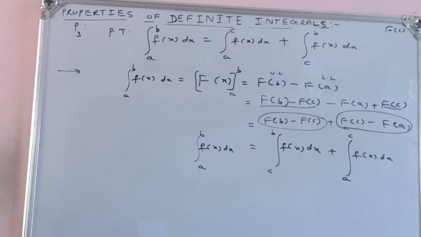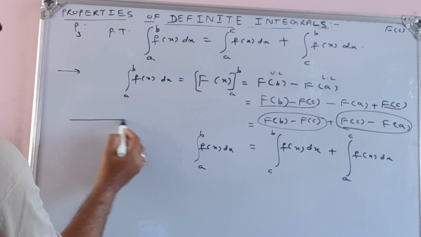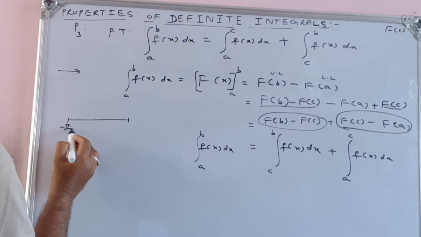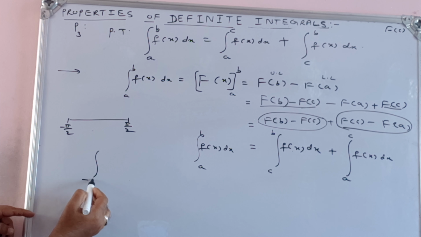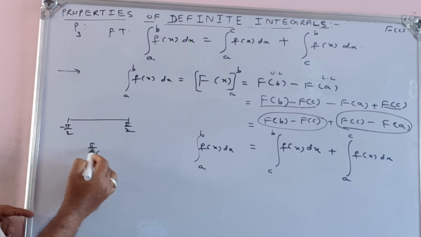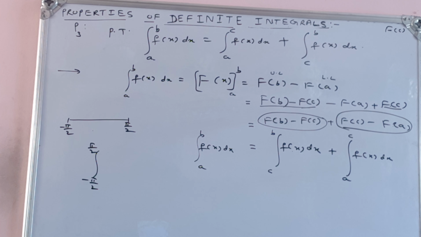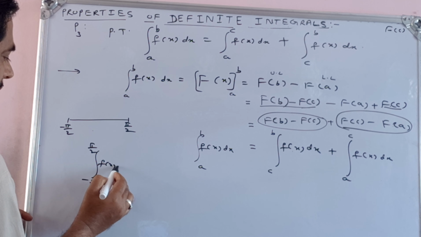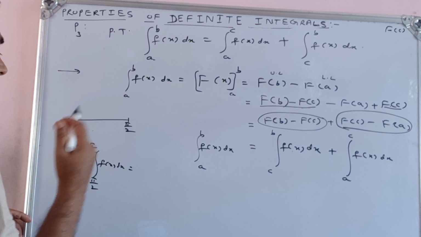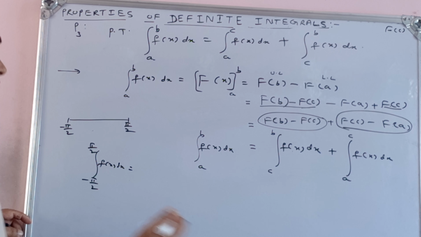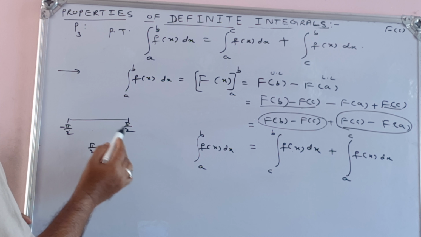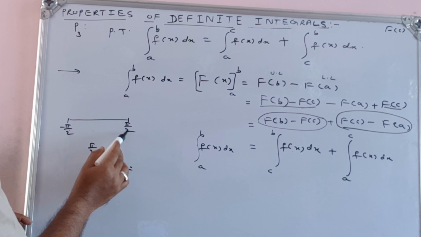For example, if we have the limits as minus pi by 2 to pi by 2 for some function f(x), then how can we write this as a sum of two integrals? My closed interval is minus pi by 2 to pi by 2.